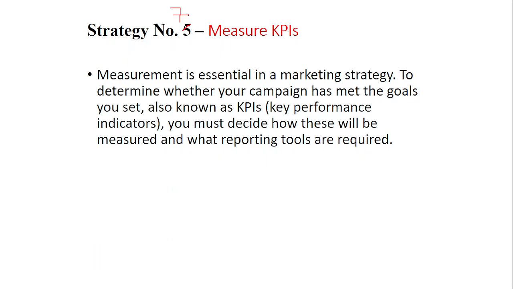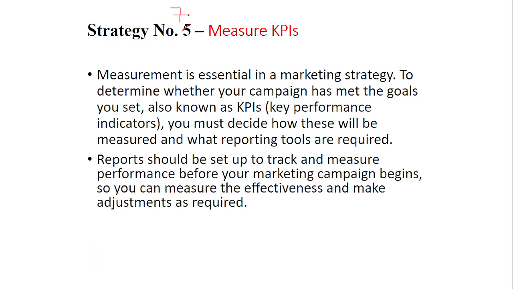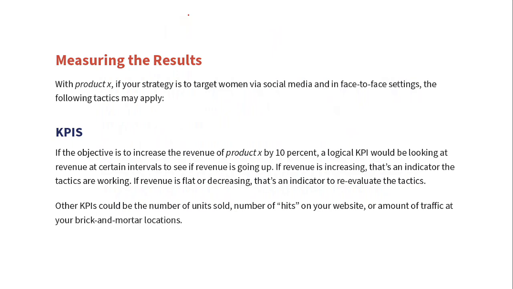Again, if you talk about reporting tools, we go back to Google Analytics, Google Console. These are freely available tools that can help you. So reports should be set up to track and measure performance before your marketing campaign begins, so you can measure the effectiveness and make adjustments accordingly.